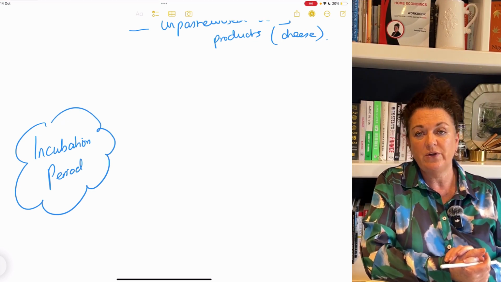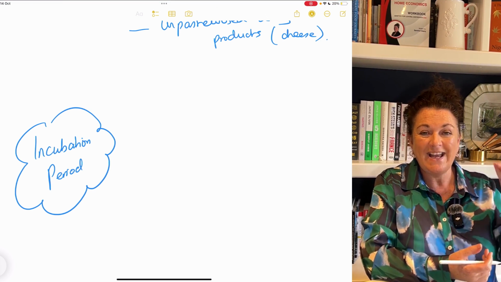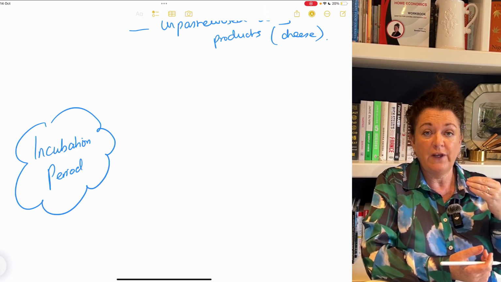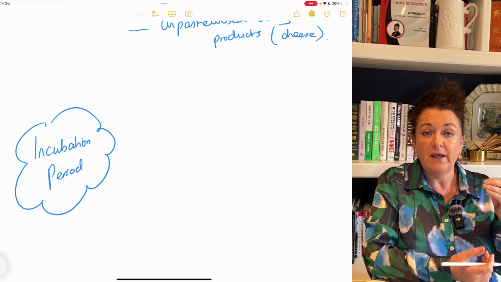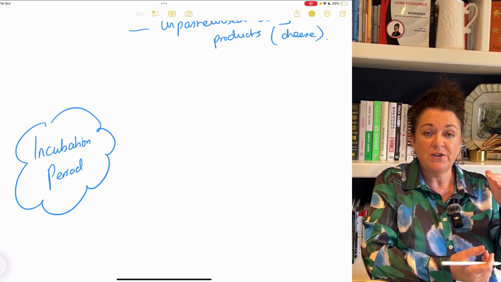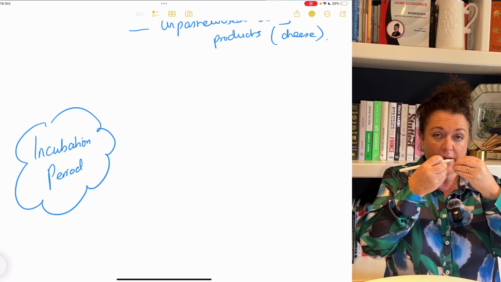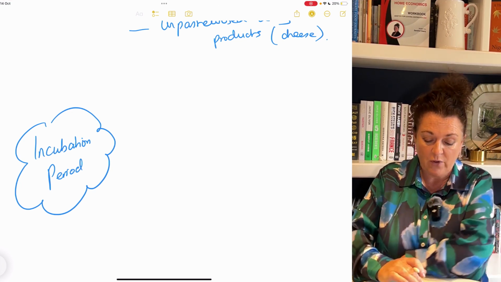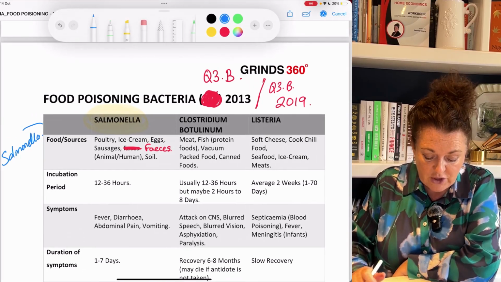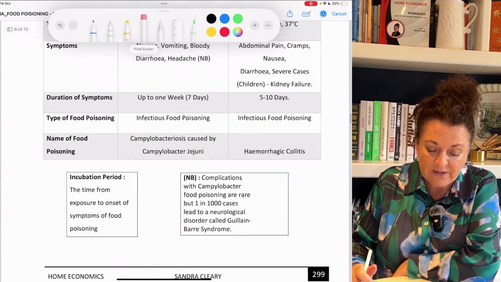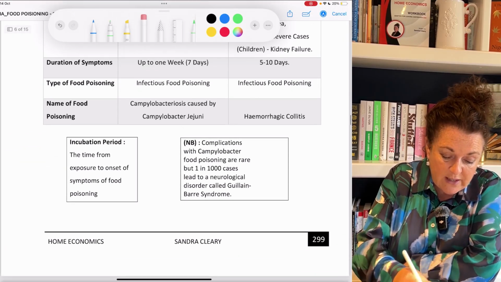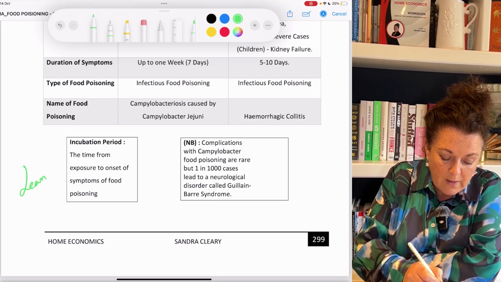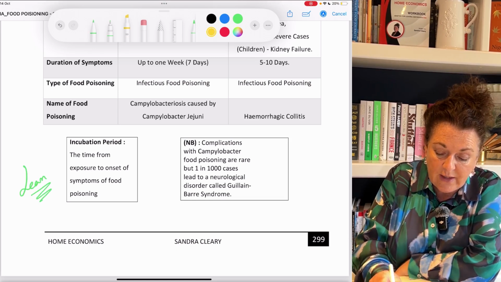The incubation period is the time between ingestion of the raw food or the undercooked food, i.e. the time between the ingestion of the live Salmonella into the body and the onset of symptoms. Just to look there at our chapter, on the bottom of the second page here, I'm just going to write learn, and it's incubation period.